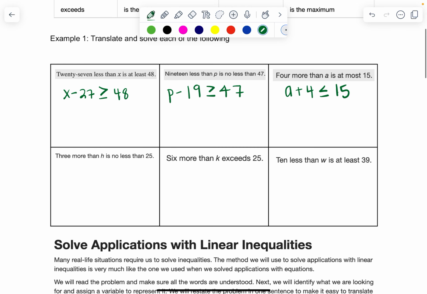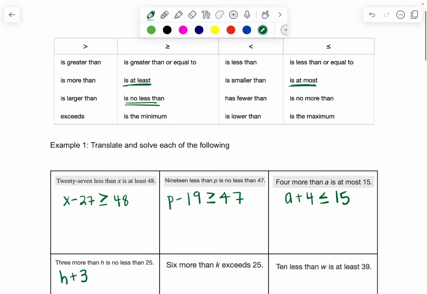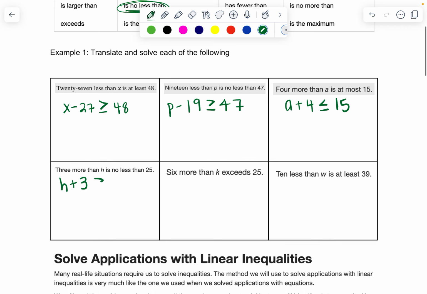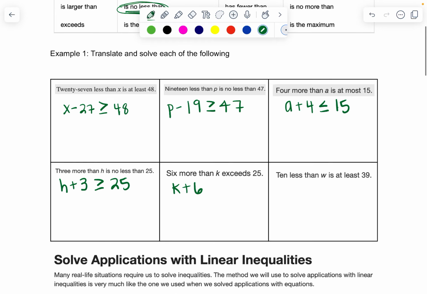3 more than H means H plus 3 is no less than 25. No less than, we already saw, means greater than or equal to. 6 more than K, K plus 6 exceeds 25.